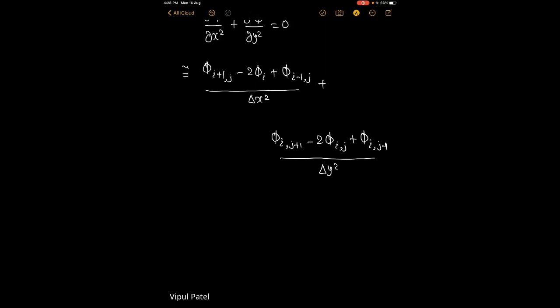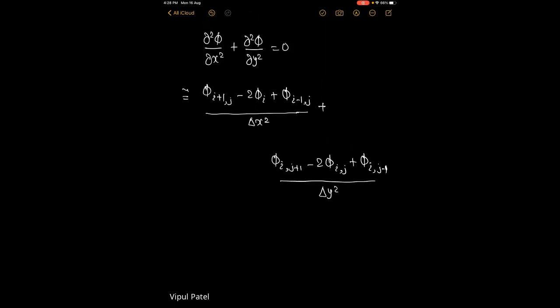For the first term we played with the ith variable because the derivative was with respect to x, and for the second part we played with the jth variable because the derivative is with respect to y.